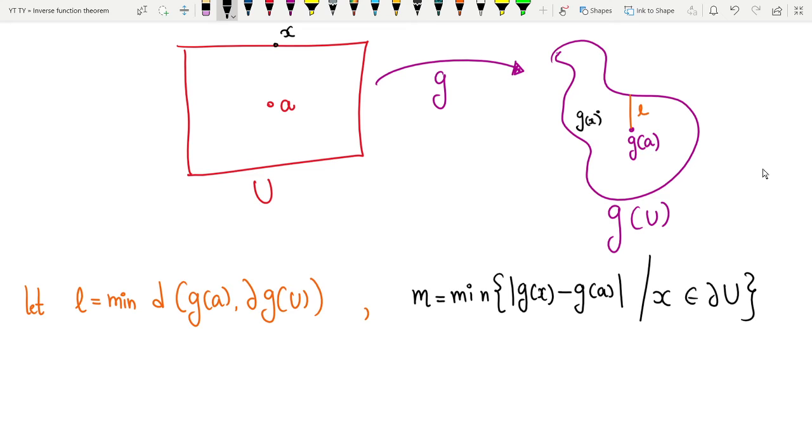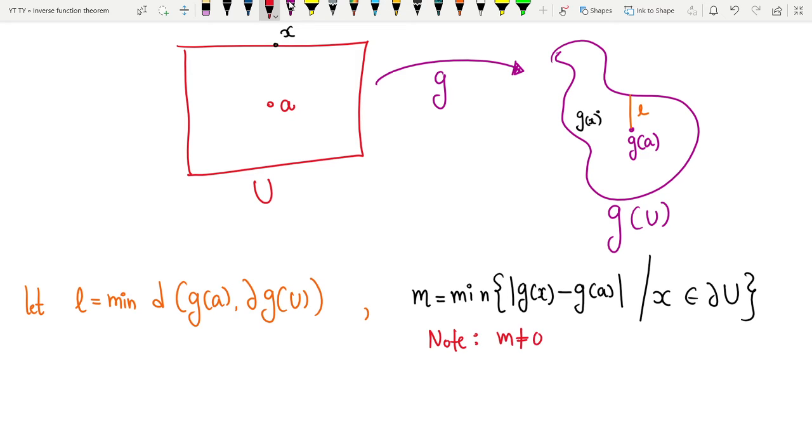Now the question is, since I am considering the minimum, can this m ever be equal to 0? The answer to this question is no. We should note this because it is an interesting part. Note that my m is not equal to 0.